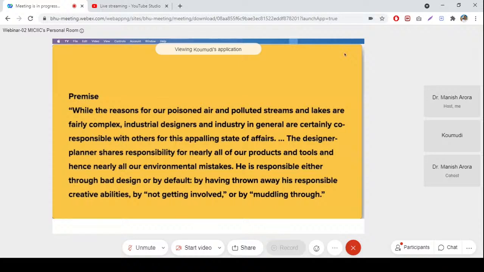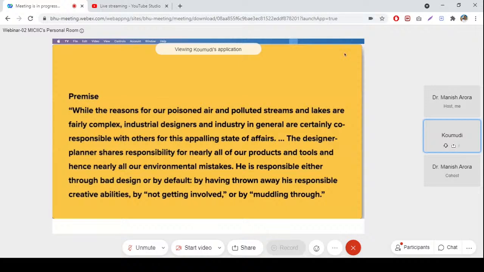Papanek admits that while the reasons for our poisoned air and polluted streams and lakes are fairly complex, industrial designers and the industry in general are certainly co-responsible for this appalling state of affairs in which we are.